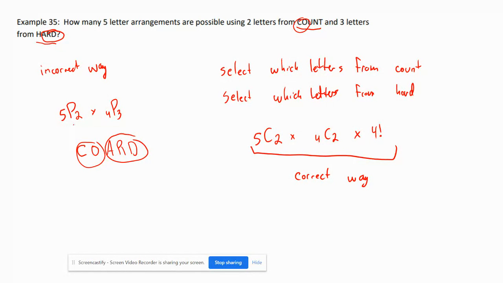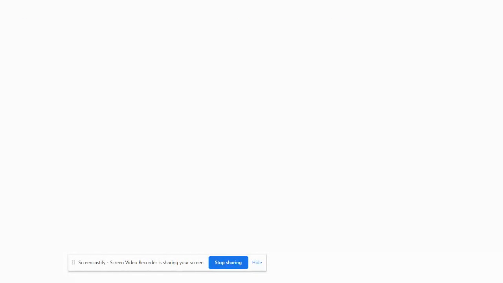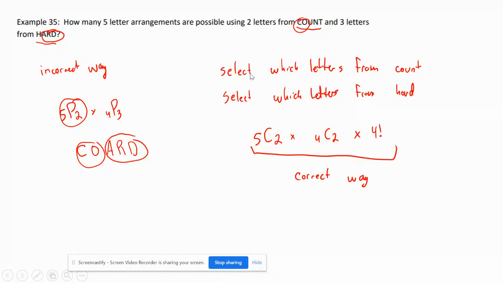Now the problem is, by doing this one first, I'm saying that the C and the O have to come first, but they don't. Okay, I mean, like, couldn't I have done like this type of arrangement? Okay, that could have worked as well. Okay, but the problem is, by saying 5 pick 2, I'm saying I'm picking these ones first and then arranging these ones second. But it didn't have to be in that order.